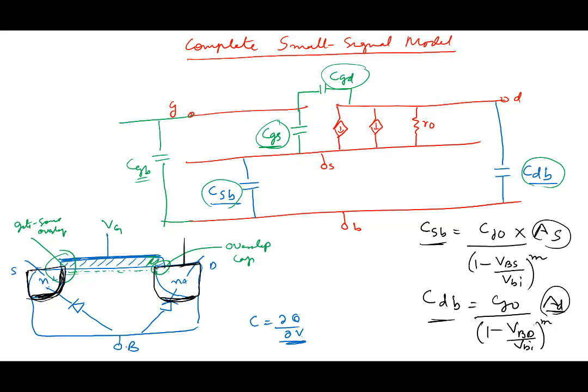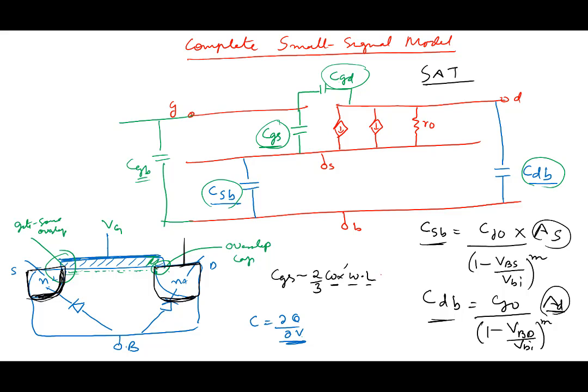The CGS that you see here, we are talking about the saturation region. So CGS, in one case we write it as 2/3 C oxide prime times W times L. That's one term. C oxide prime is the oxide capacitance per unit area, W is the width of the device, L is the length, and 2/3 comes in because it's a non-uniform charge.